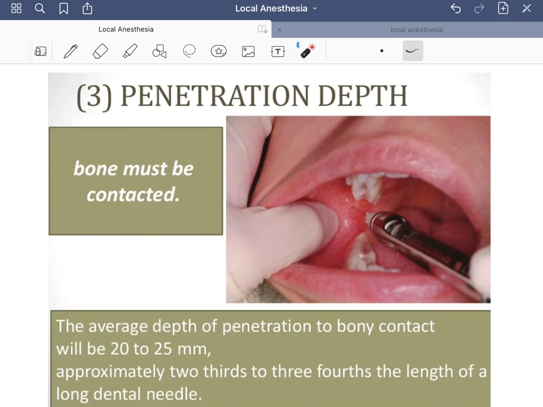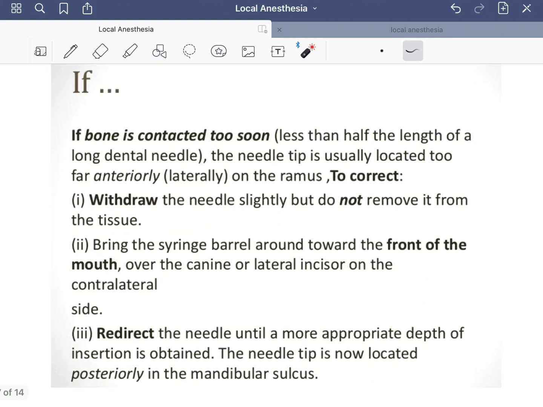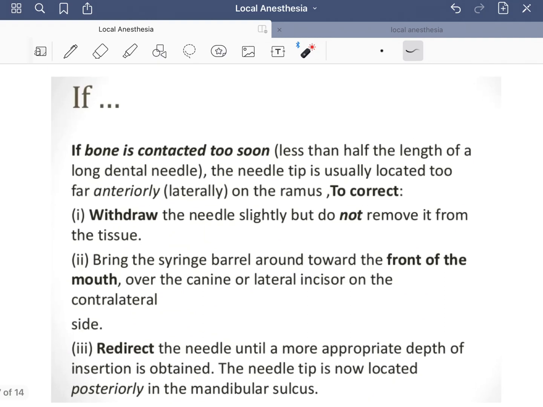Bone must be contacted. The average depth of penetration is 20 to 25 millimeters, approximately 2/3 to 3/4 the length of a long dental needle must be inserted in the tissue. If bone is contacted too soon, less than half the length of a long dental needle, the needle tip is usually located too far anteriorly, laterally on the ramus.